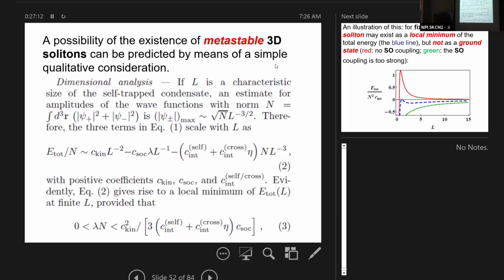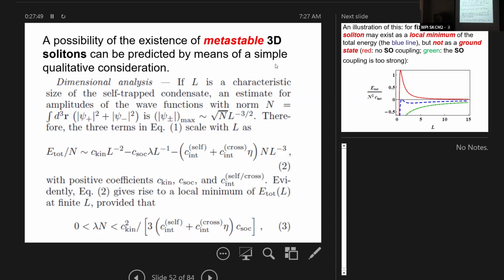What does it mean to prevent the collapse? Collapse means that when L goes to 0, the dominant term approaches minus infinity, and it means that it is driving the system towards the collapse. Now we can compare different terms as a function of L and try to see if we can suppress this effect of the self-attractive nonlinearity, which is driving the system towards the collapse.